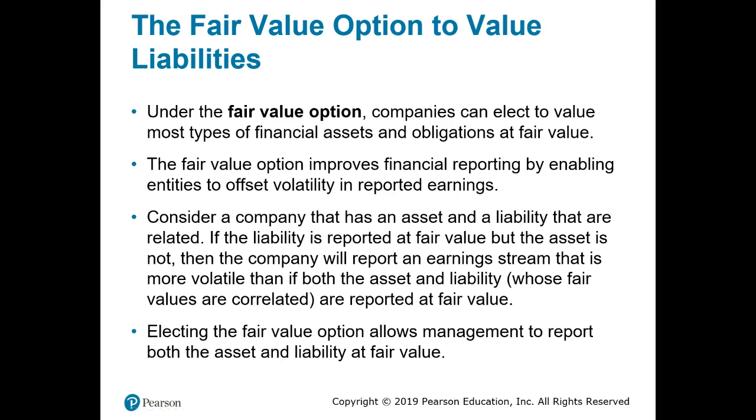So why? The fair value option improves financial reporting because it enables entities to offset volatility. Let's say you have a large asset that's being shown at fair value. We want to be able to have an obligation that is similar in structure, and if we can show the fair value on that end too, the fair values can offset each other.